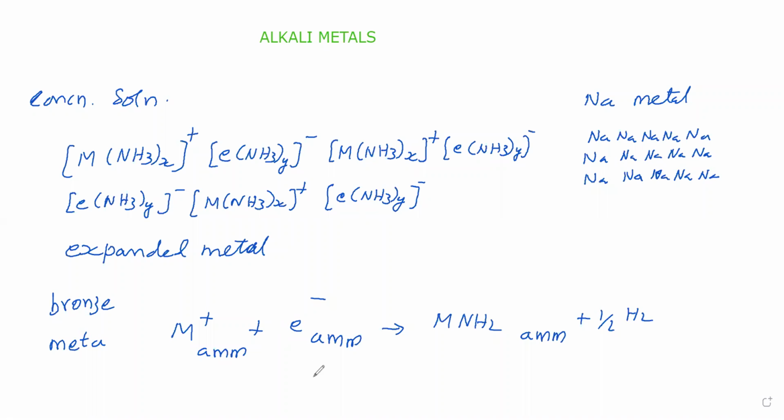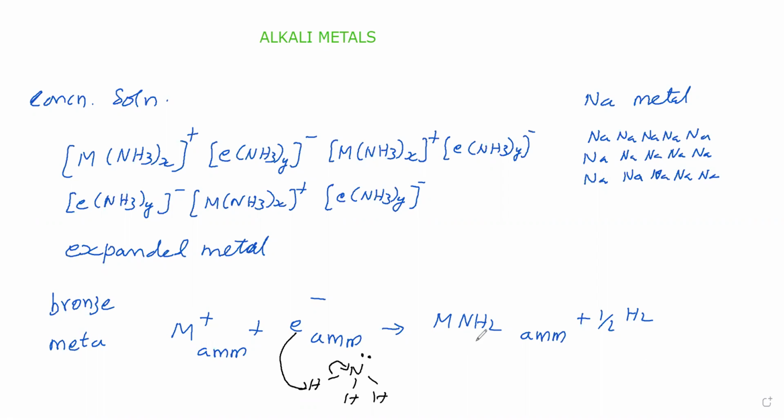This electron is there, ammonia we will write like this. This nitrogen has a lone pair, this electron attacks this H, this bond shifts. Therefore, this H gains the electron, becomes a hydrogen atom that combines with another hydrogen atom and becomes hydrogen gas. This nitrogen gains the bond pair as a lone pair, therefore it gets a negative charge, NH2 minus. NH2 minus with M plus, therefore MNH2.